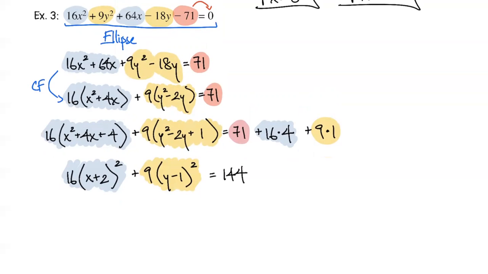But before we take our break, I want to simplify this a little bit more. And in particular, I want to make this right-hand side equal to 1. So tell me some ways that we can make the right-hand side equal to 1. Okay, I could divide by 144.